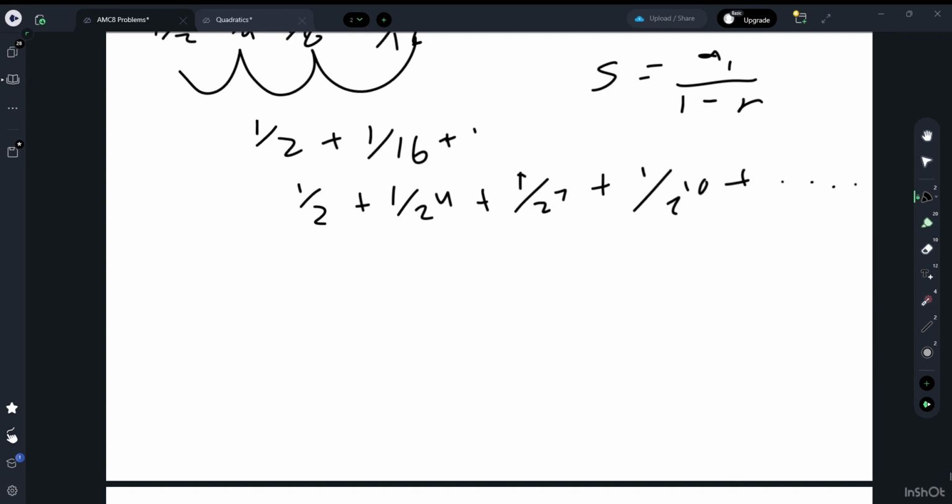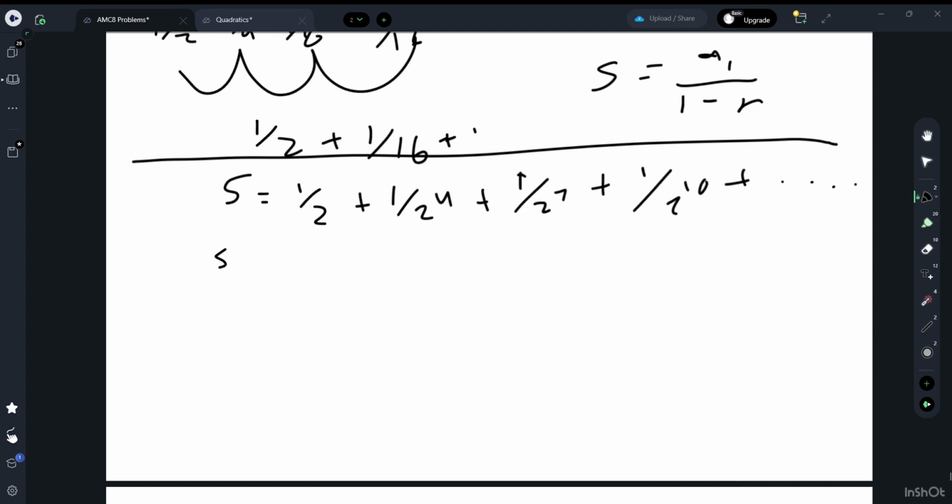We can also solve this by just setting this to S, and let's do it this way first instead of using the formula. So we set this whole sequence, the sum, to be S. Now we have S/8 is going to be equal to 1/2^4 plus 1/2^7 plus 1/2^10, and so on forever.